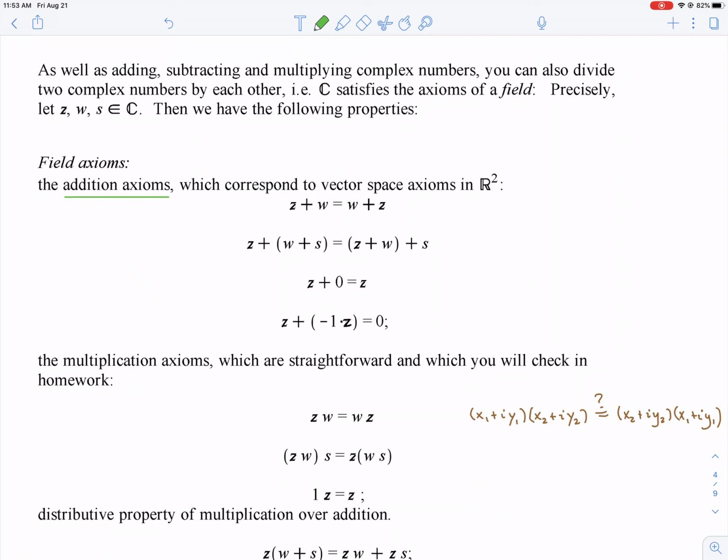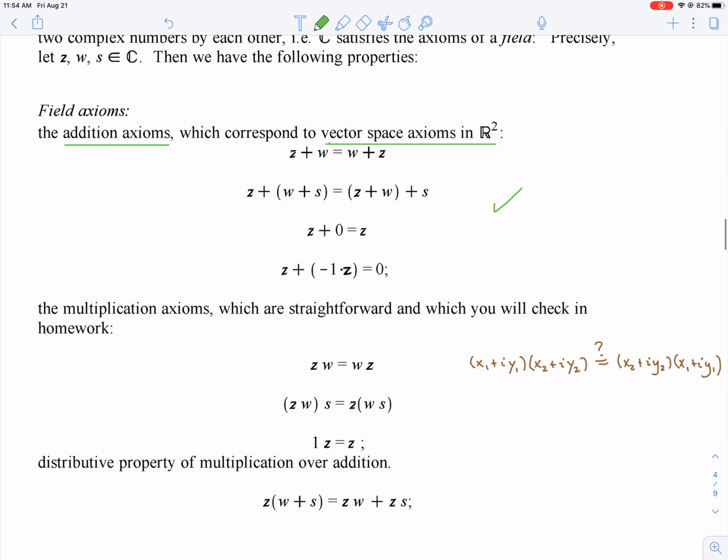And as we were seeing, complex number addition just corresponds, in the identification of the complex plane with R2, to vector addition in R2, because when you add two complex numbers, you're just adding the real parts to get the new real part and adding the imaginary parts to get the new imaginary part. So we know these axioms without even thinking, although we could check them very quickly.